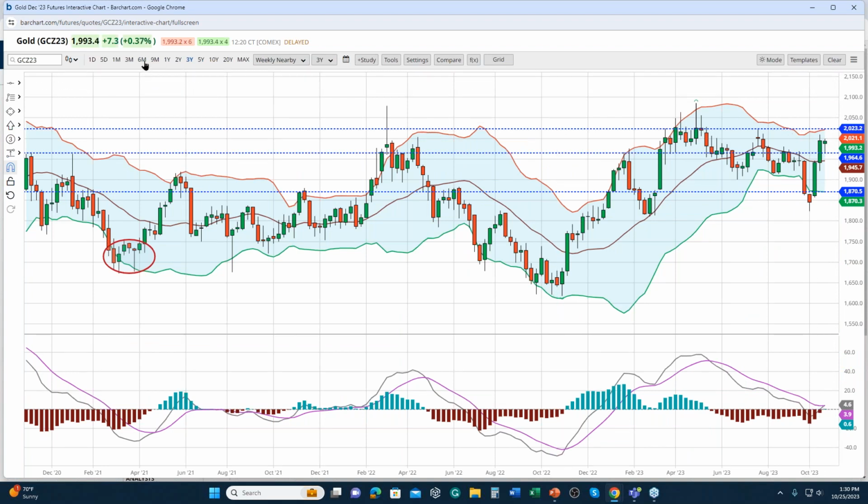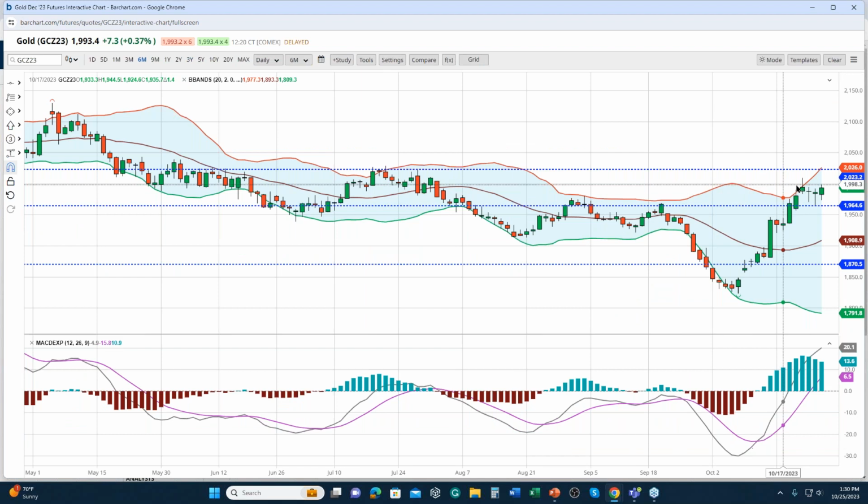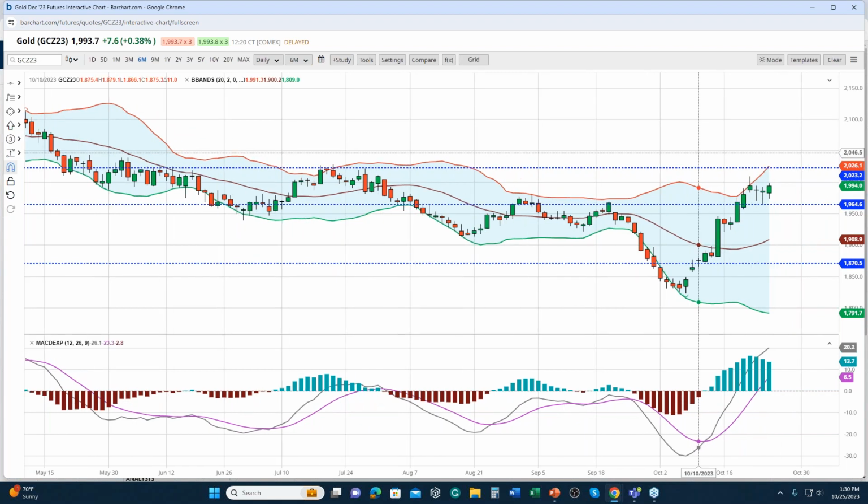So in terms of a probability event, there's a high probability we're going to test this outer band, but there might be a selling opportunity if the conditions are correct, or this could also be an indication that as we move higher we might be breaking out of a range. Notice our momentum is very strong here, so the probability is that we're going to test the outer band, but we'll have to wait for the proper conditions to sell it.